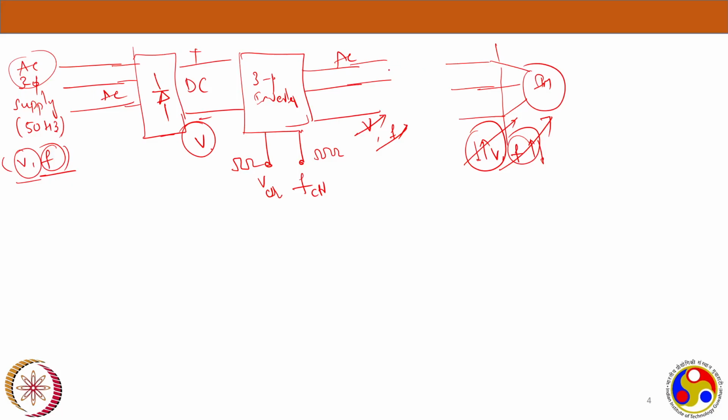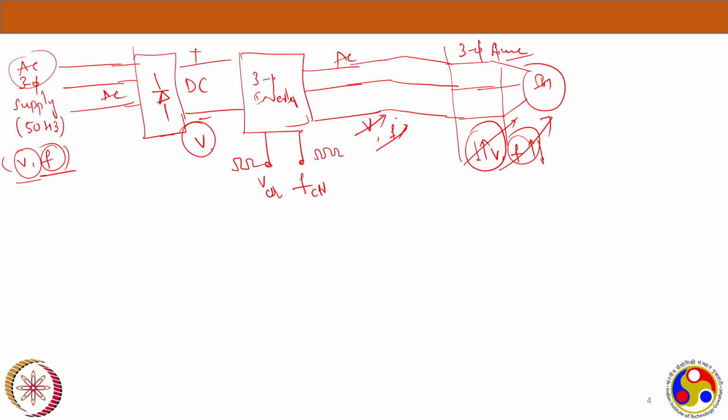Now this we will directly connect. This is like a source to my motor. This is a three-phase source, and this is an induction machine.